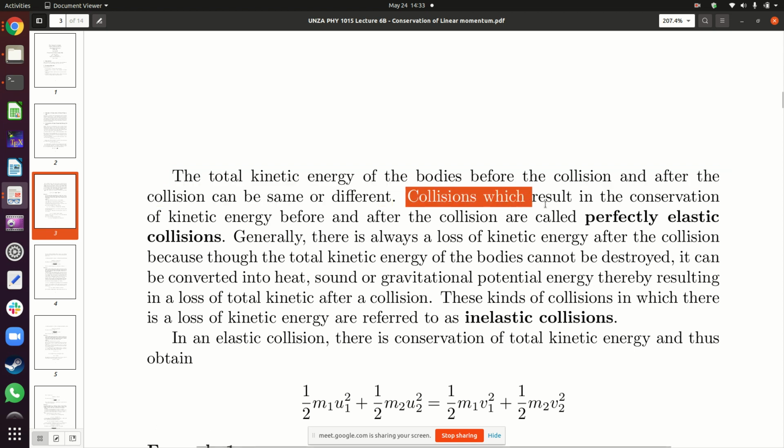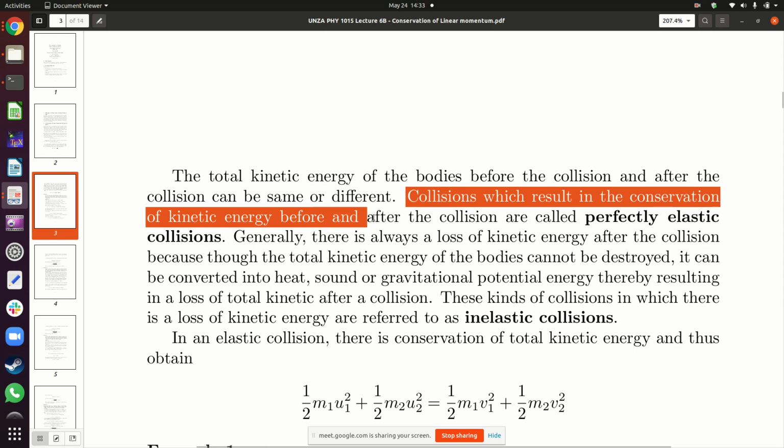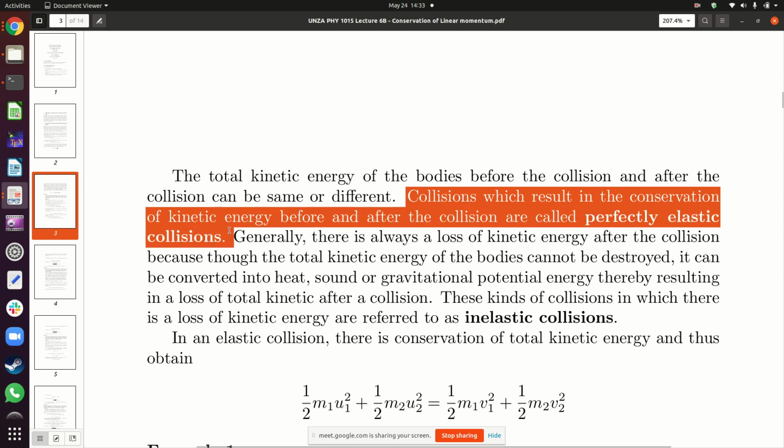A collision which results in the preservation of total kinetic energy before and after the collision is called a perfectly elastic collision.